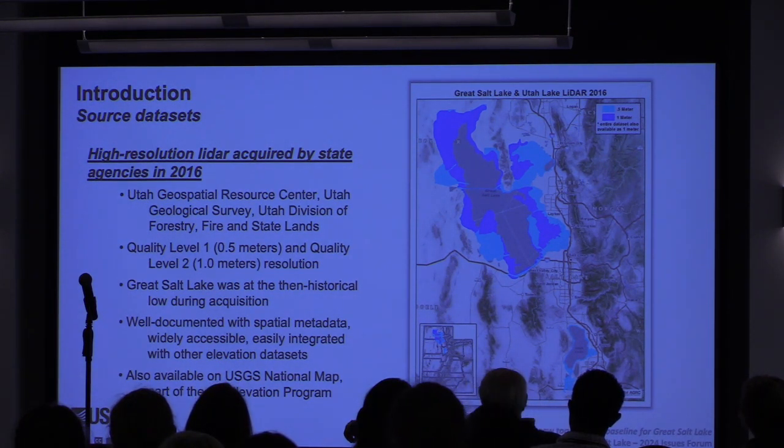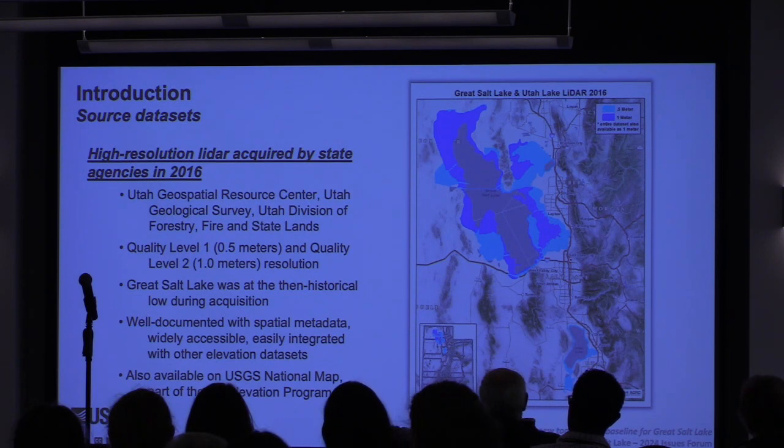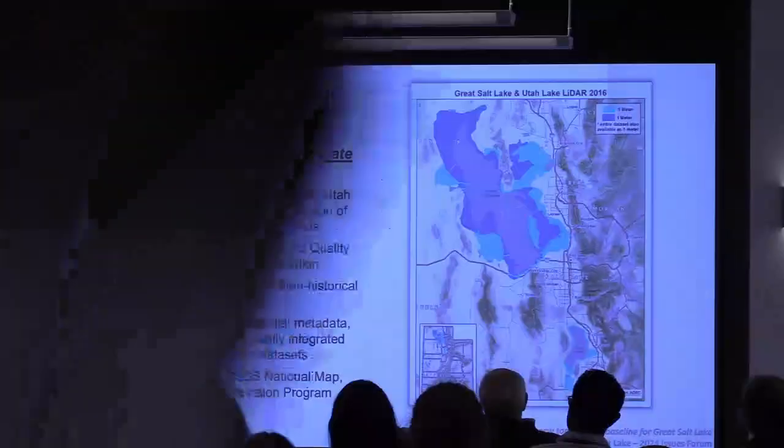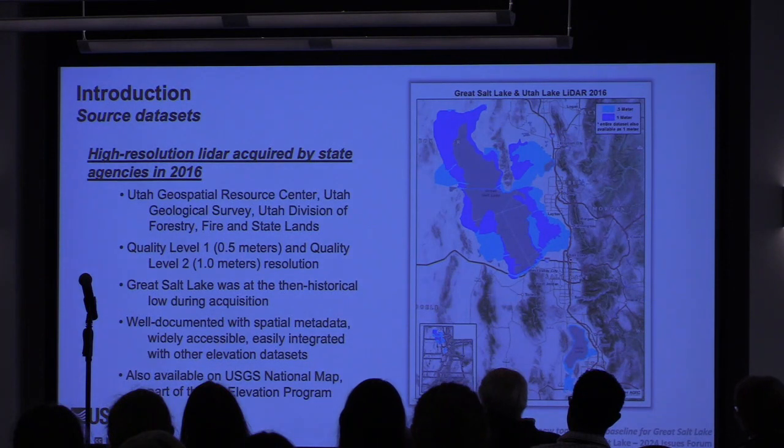It's easily accessible, and it was just really perfect because it was also flown when the lake was much lower than when Rob was doing the imagery. So there's a nice overlap between where Rob was able to survey on top of the water and where the LiDAR was able to hit the land surface. So you want to have that overlap so that you can round trip whatever you're getting.